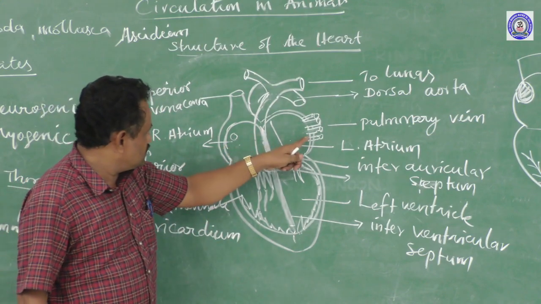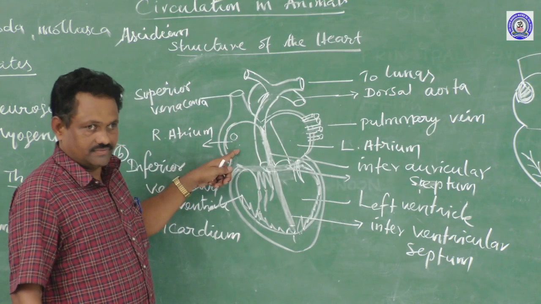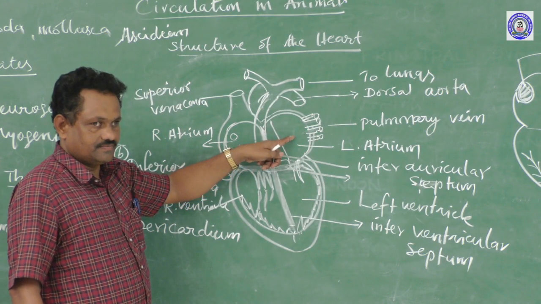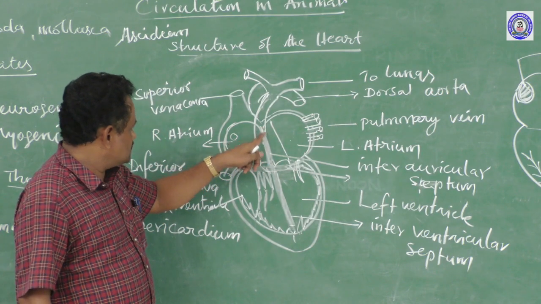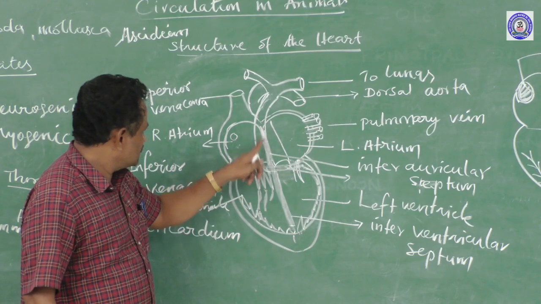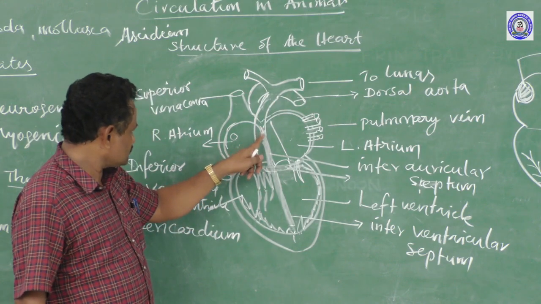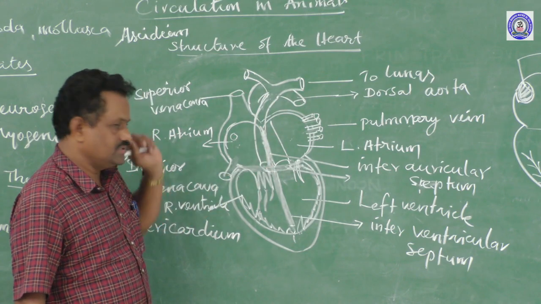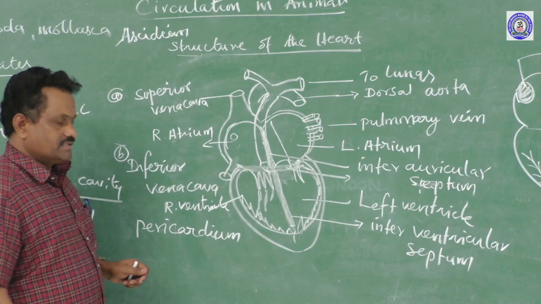So the two atria are the receiving chambers, and the mixing of deoxygenated and oxygenated blood is completely prevented by the interatrial septum.